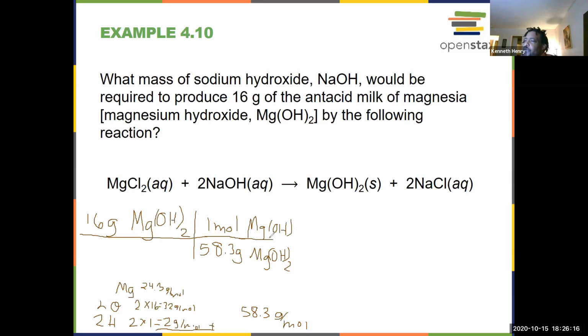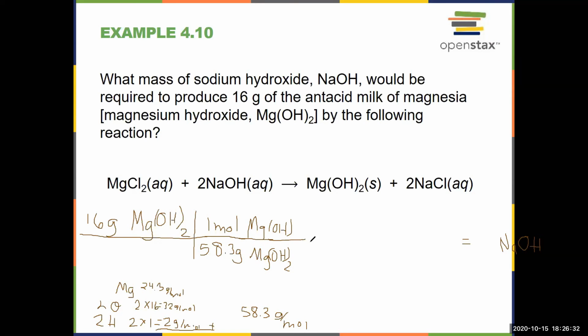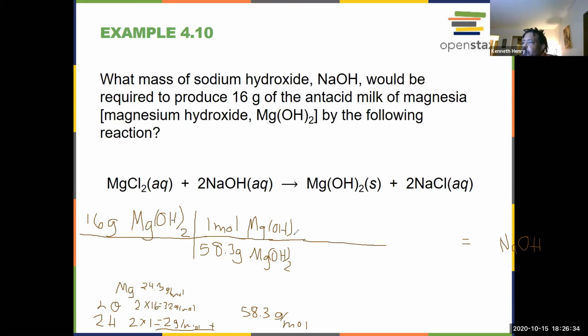And what was it that I wanted again? My goal: the mass of sodium hydroxide, NaOH. Okay, so I know that magnesium hydroxide is not NaOH. How do I get there?